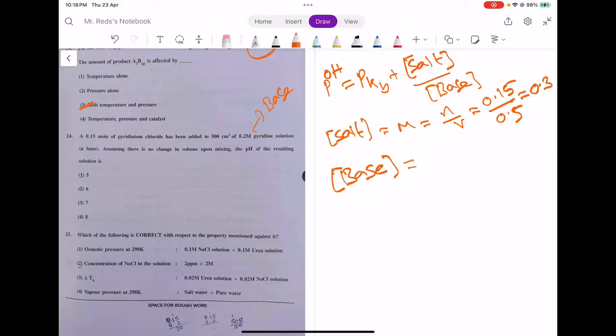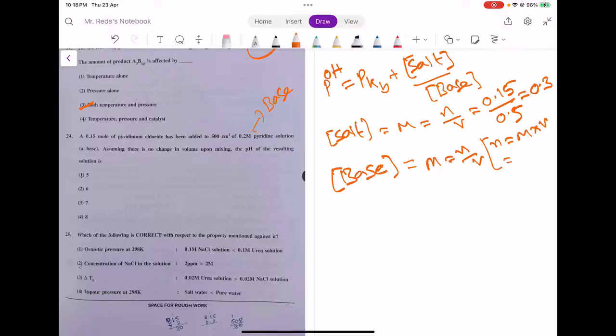Base is equal to here, molarity is equal to number of moles by volume. Here number of moles is equal to molarity into volume.